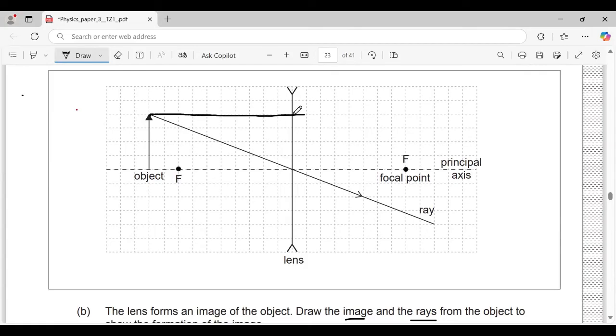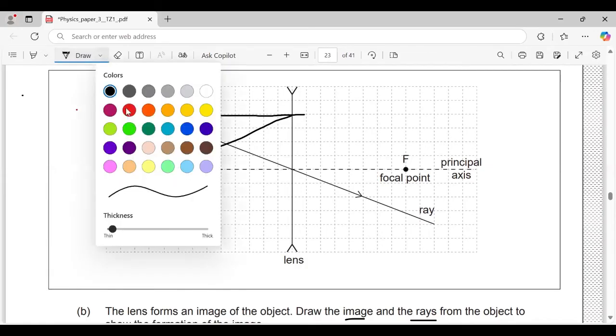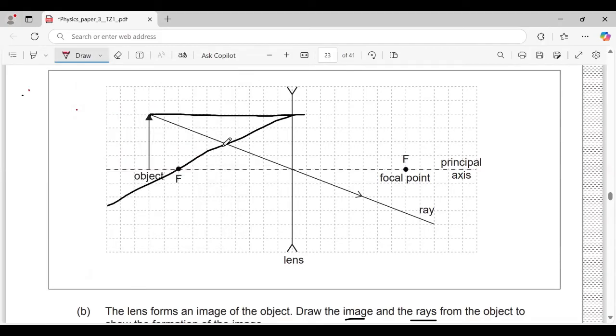And then from the lens towards F, like that, a straight line. And it forms the image here, the image located here.